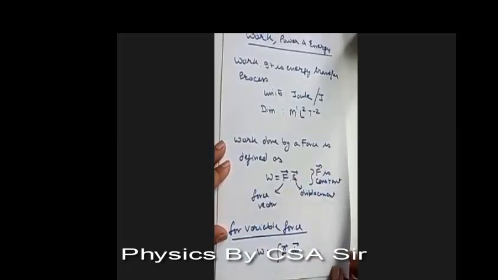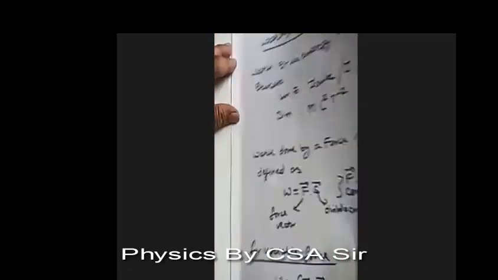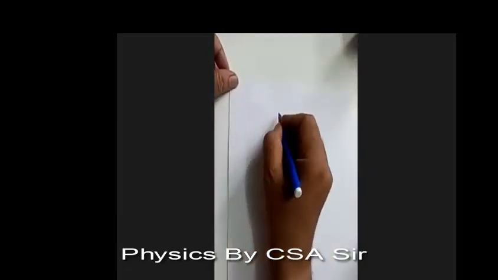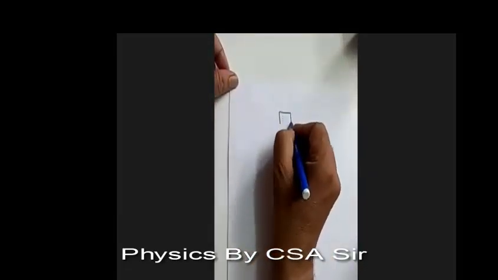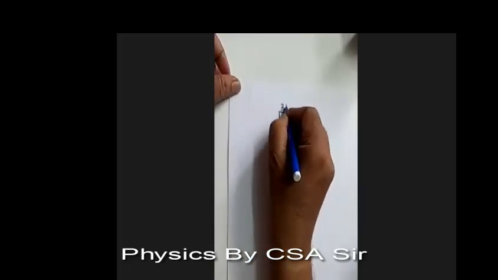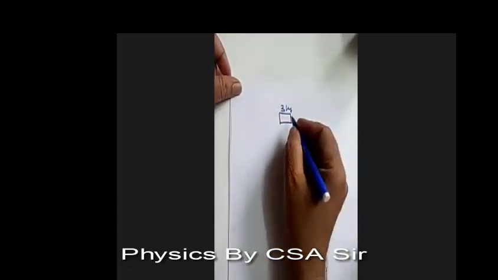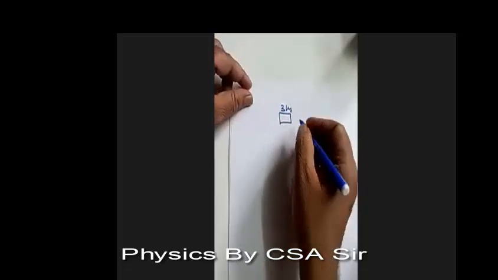Yes, sir. Okay, let's take a problem. एक क्वेश्चन देखते हैं. Assume करते हैं. There is a body. Say this body is of 3 kg mass. We are exerting some forces on it.